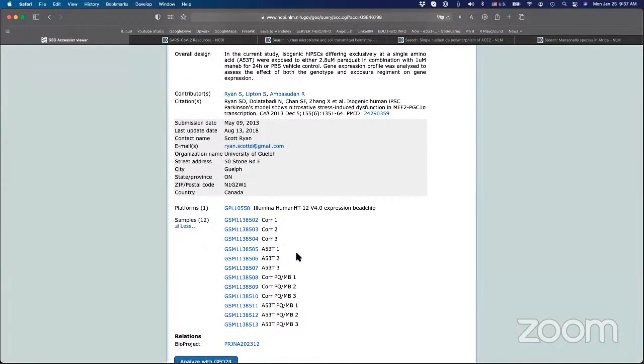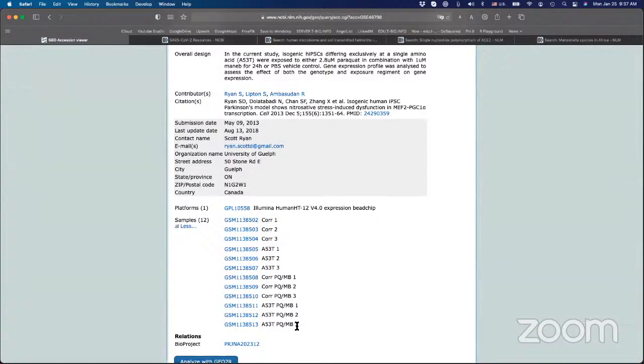And the important part to think, right, is how can this data inform me about making a reasonable question that I could be answering with such data? So what I see here is that we have 4 different groups. In each group, we have 3 replicates, and those replicates are corresponding with some condition.